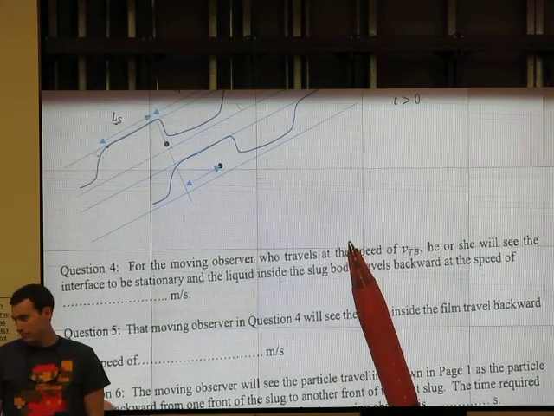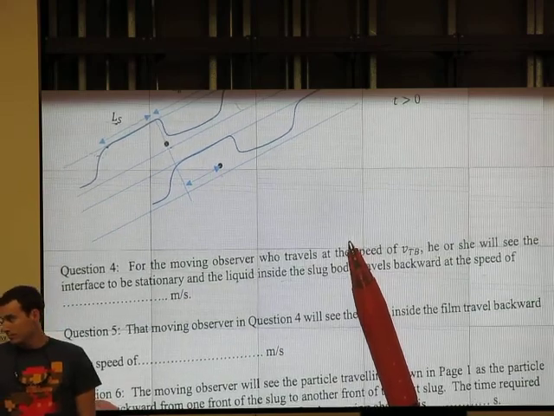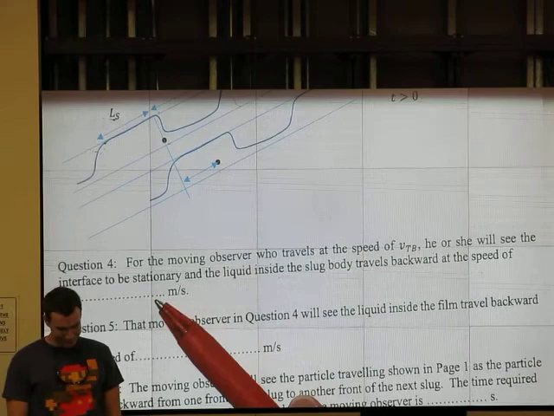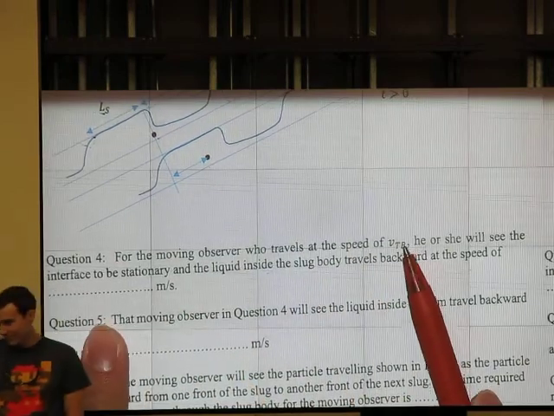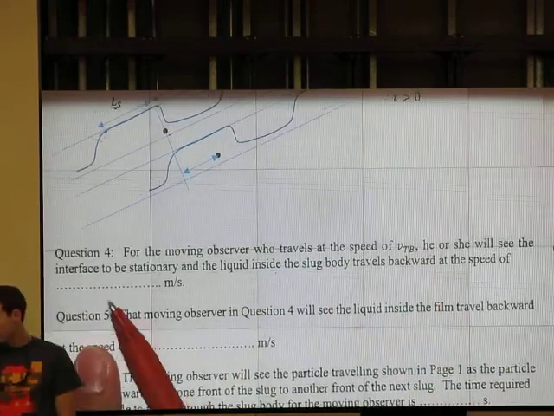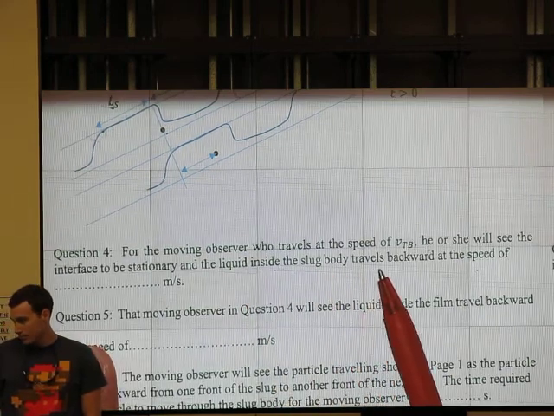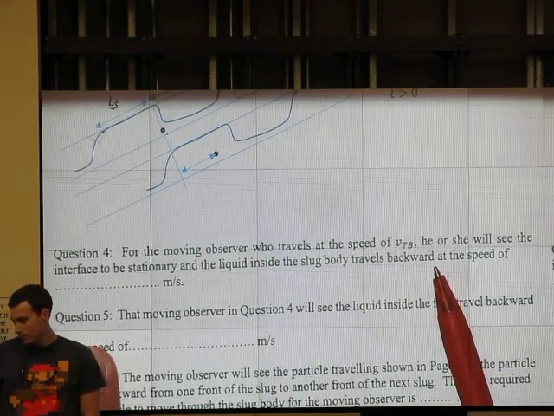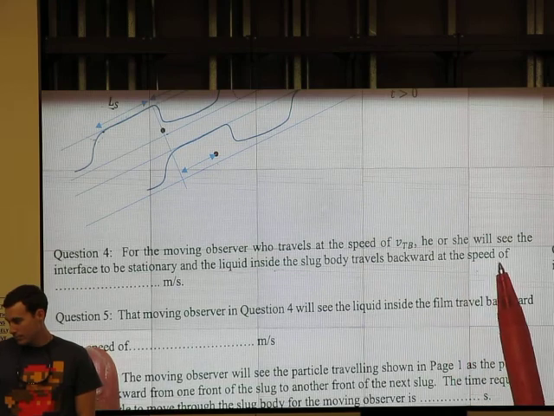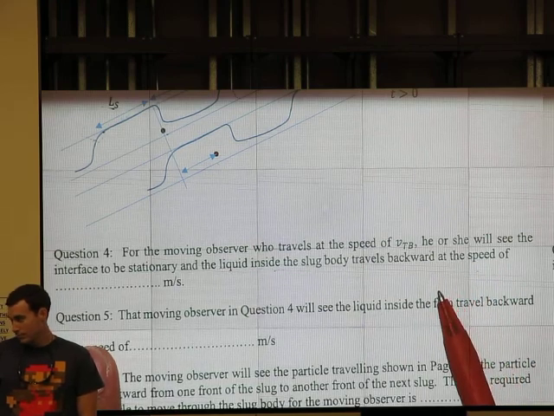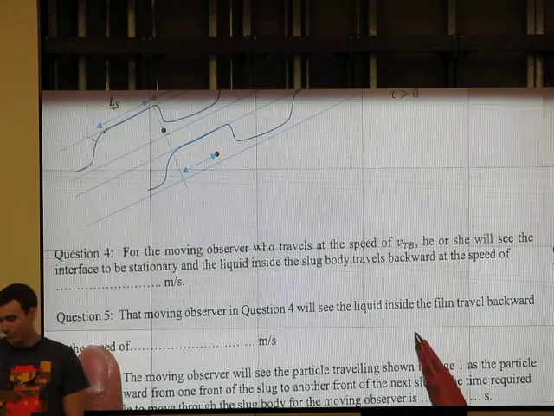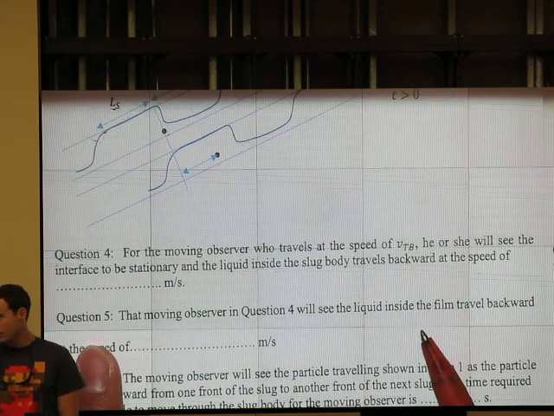So if we put the moving observer at the speed of VTB, he or she will see the interface to be stationary, and the slug body travels backward at what speed? It will be the relative velocity.